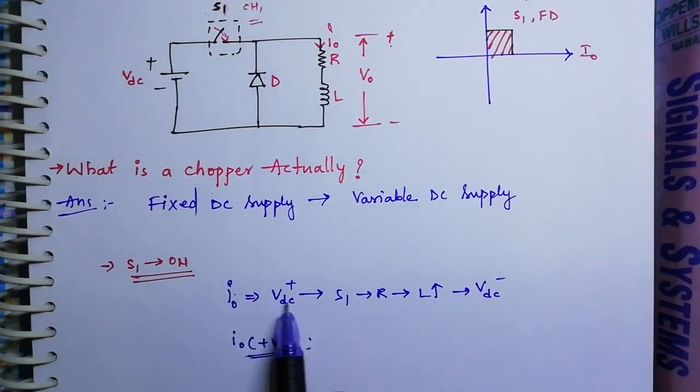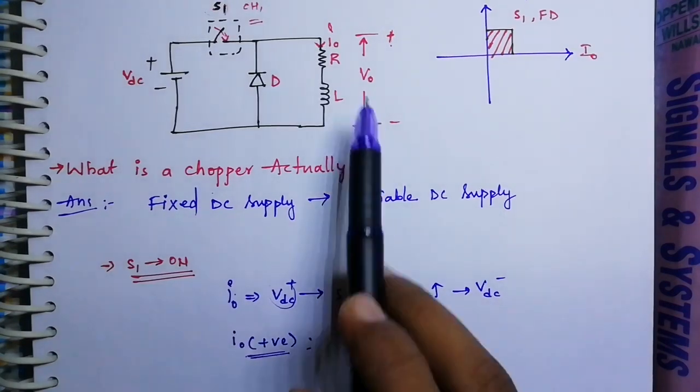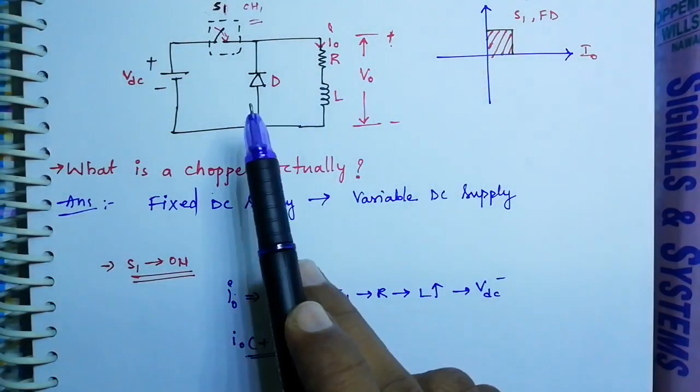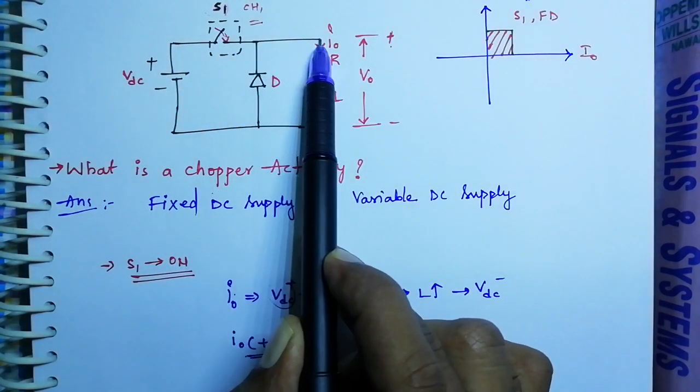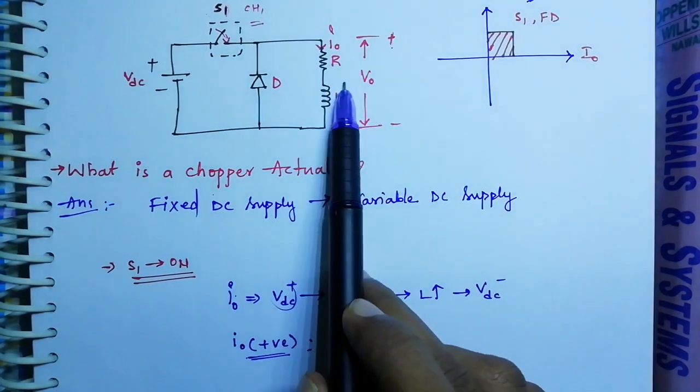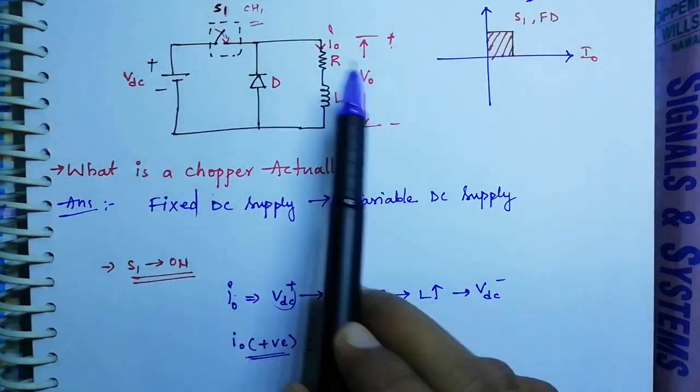Here in the current direction there is a term called VDC. If there is VDC, we can definitely find whether the output voltage is positive or negative. If you see here, the plus terminal is directly connected to the plus terminal of the output. So there is no polarity change between VDC and V0.